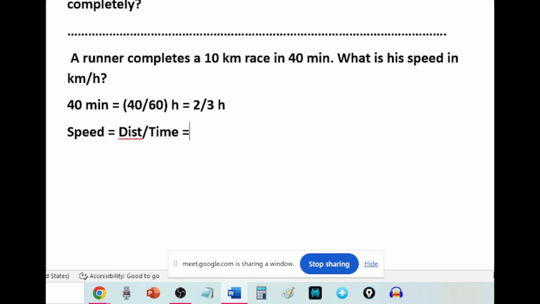That will be equal to 10 kilometer divided by 2 by 3. Division by 2 by 3 means into 3 by 2. That will be equal to 15 kilometer per hour. Don't say kilometer, say 15 kilometer per hour.